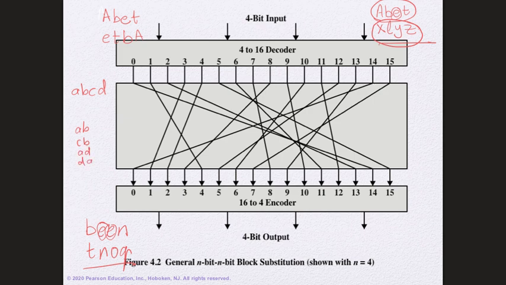Now, when I'm doing the mapping, how many possibilities are there to map any 2 letters to any 2 letters?